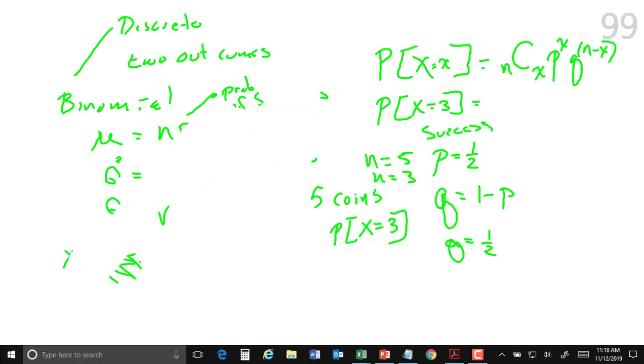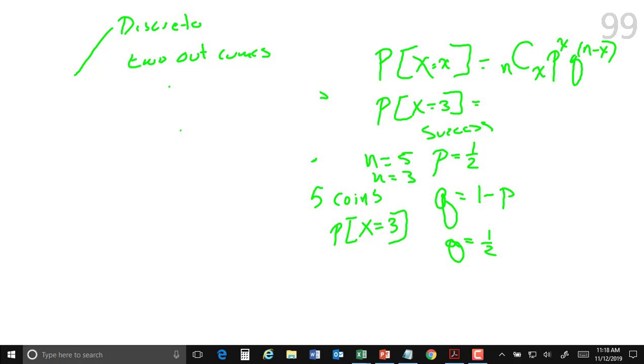So this is how you calculate the average and variance of a binomial distribution. And now we have a particular example. In this case I'm going to have n, which is 5, and then x is 3, and p is equal to 0.5, raised to the 3.